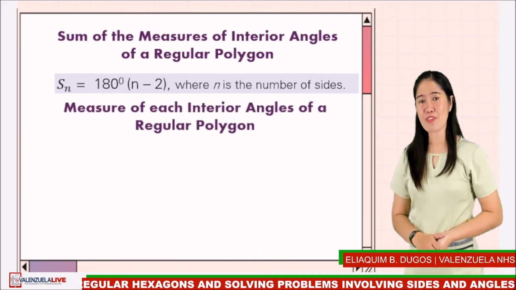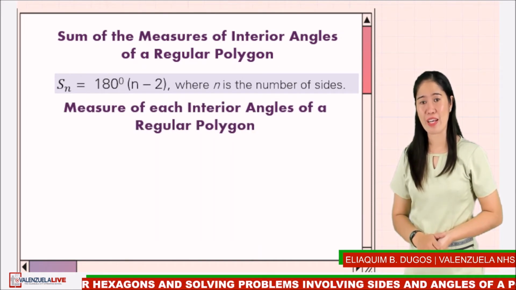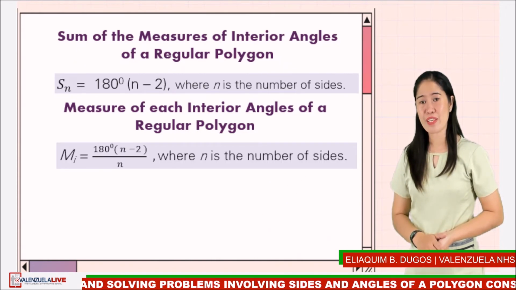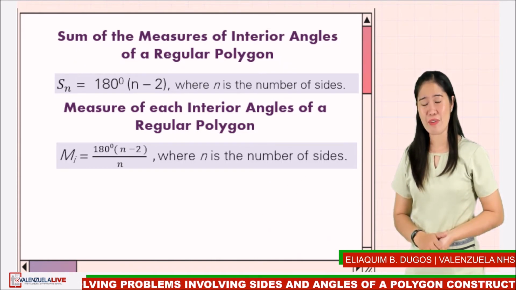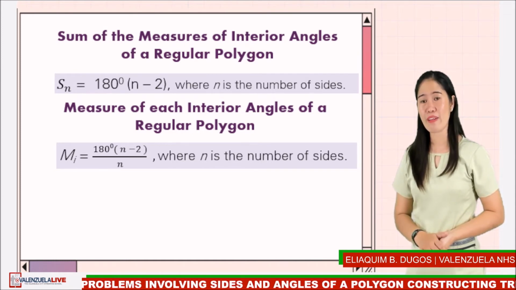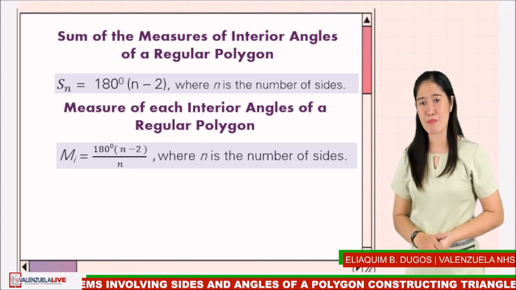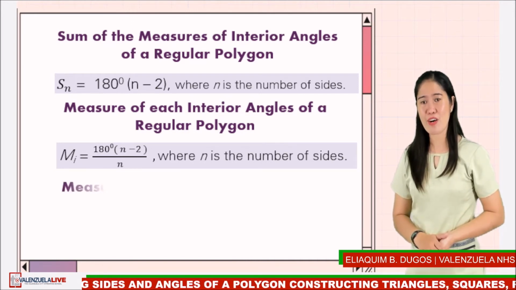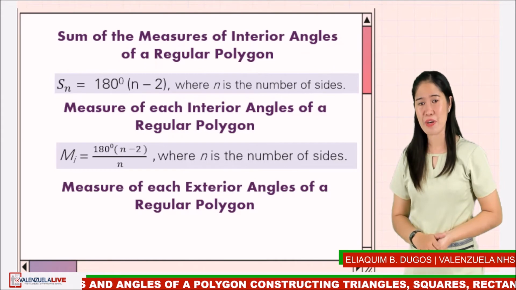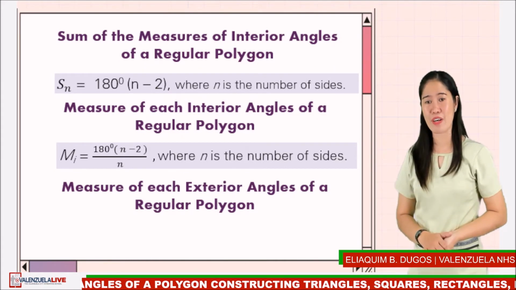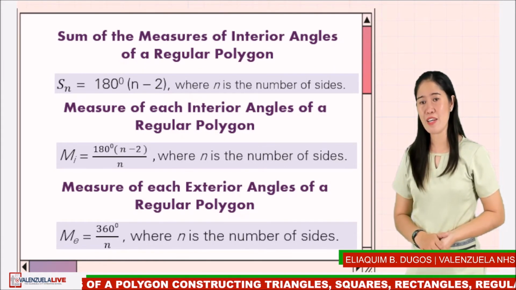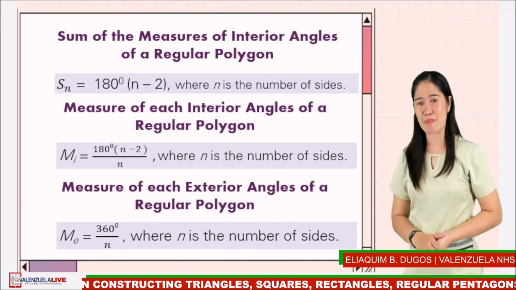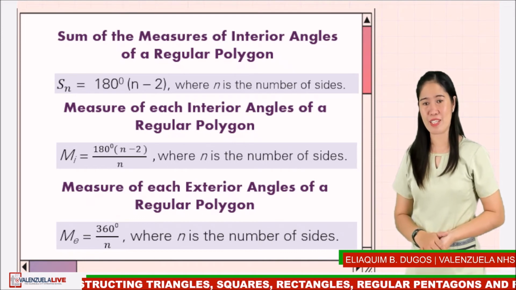The formula for the measure of each interior angle of a regular polygon is m sub I is equal to 180 degrees multiplied by the quantity of n minus 2, divided by n, where n is the number of sides. And for the measure of each exterior angle of a regular polygon, m sub E is equal to 360 degrees divided by n, where n is the number of sides.